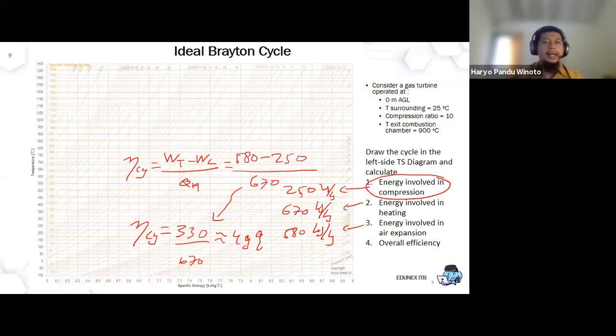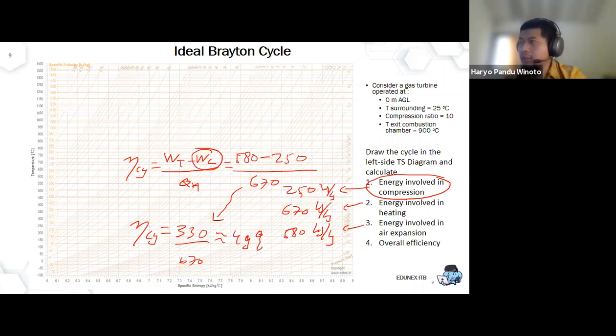Okay. Unlike in the Rankine cycle, we cannot neglect the work used in the compressor, or compression work. Just keep it in your mind.